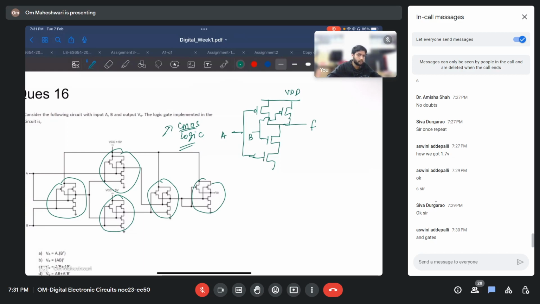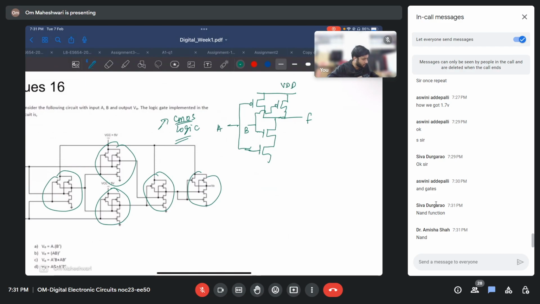Okay. Yes, Ashwin is saying, and Ashwini, it will be NAND.